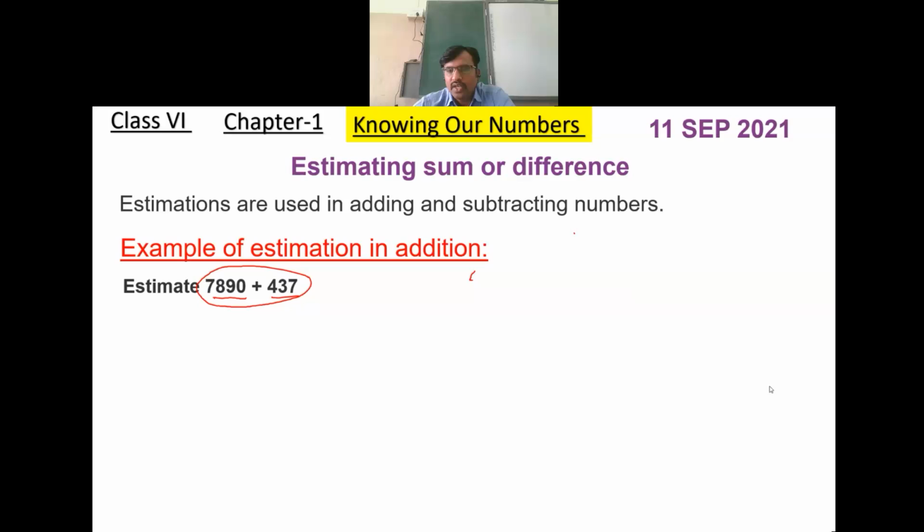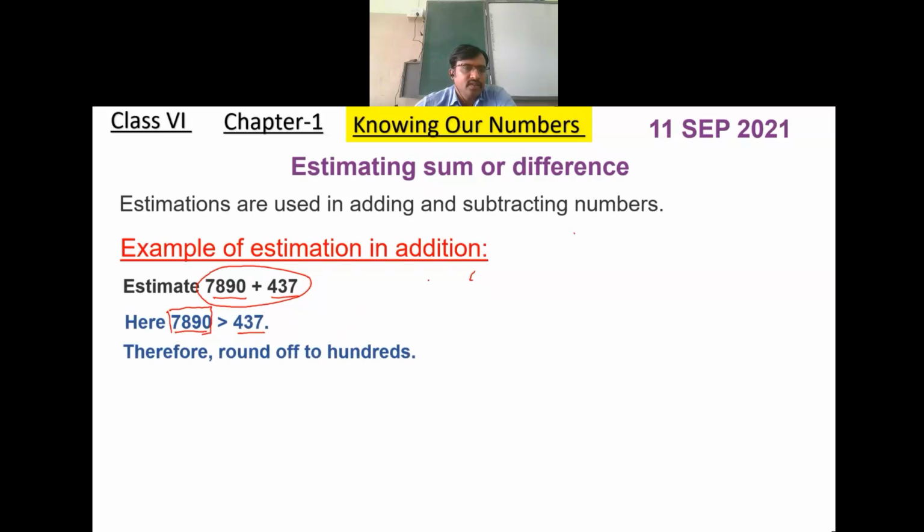We have to look at the greater number. 7,890 is greater than 437. The 4-digit number is larger than the 3-digit number, so we will round off to the nearest hundreds.